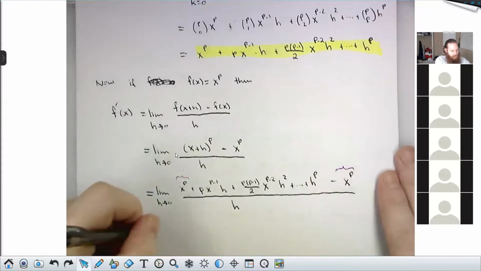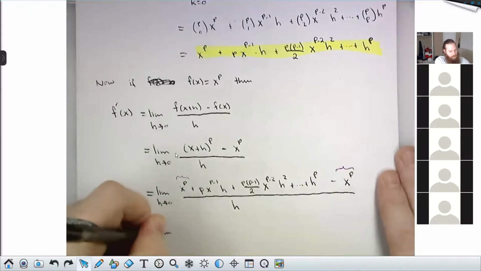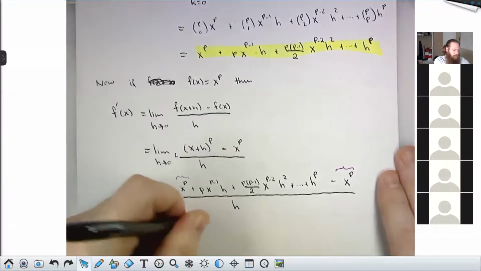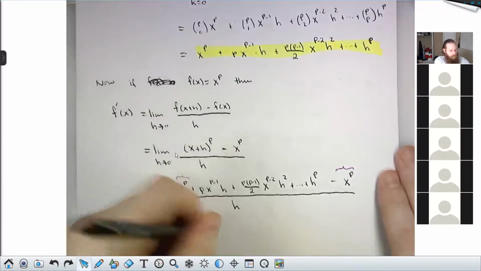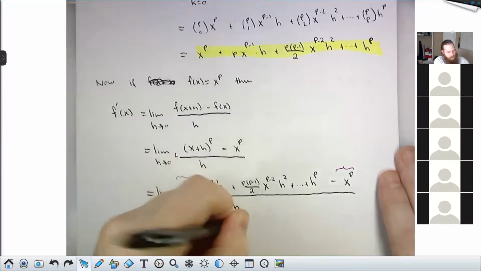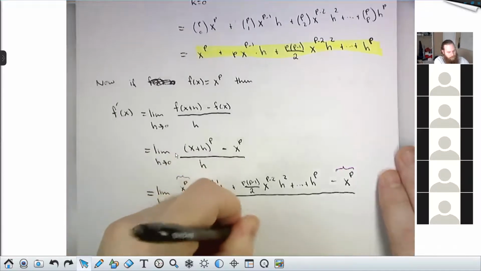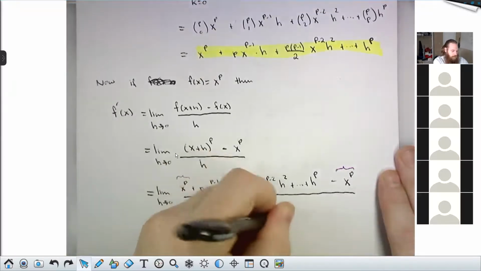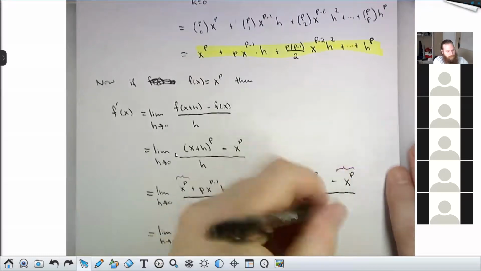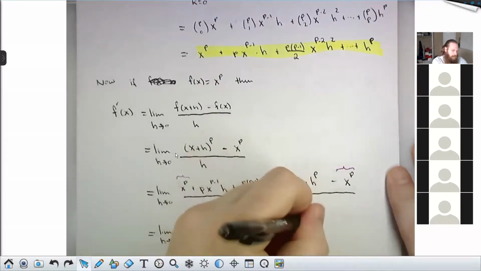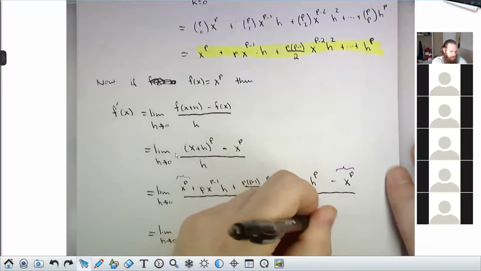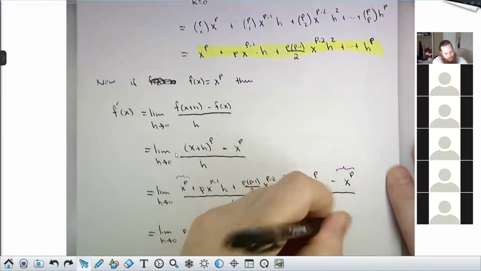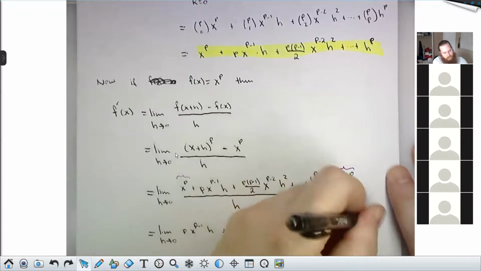What's left is the limit as h goes to 0 of p x to the p minus 1 times h plus p times p minus 1 over 2 x to the p minus 2 times h squared, plus every other term in here has a power of h in it, and that last term is h to the p.